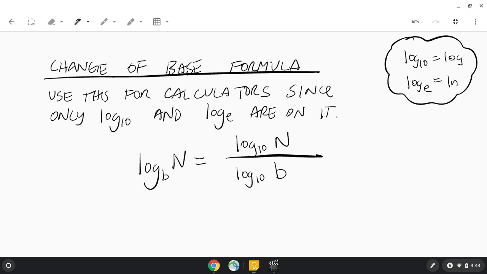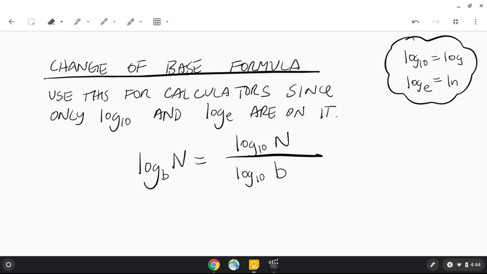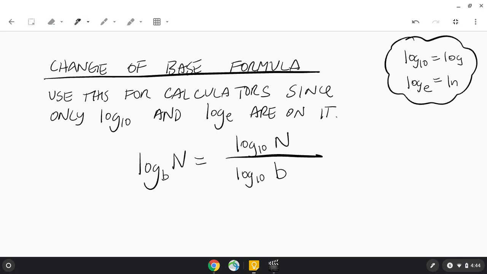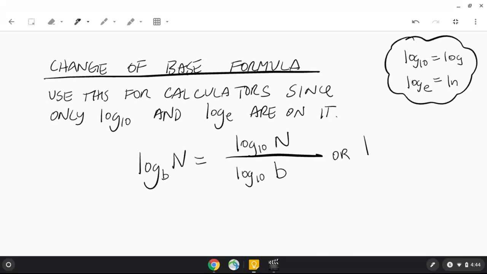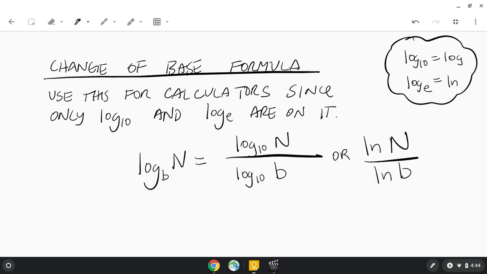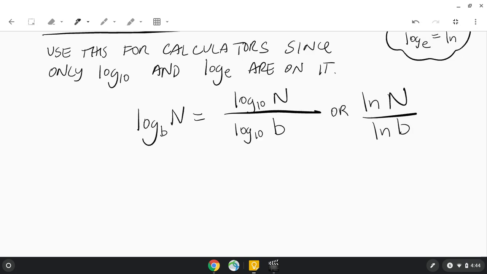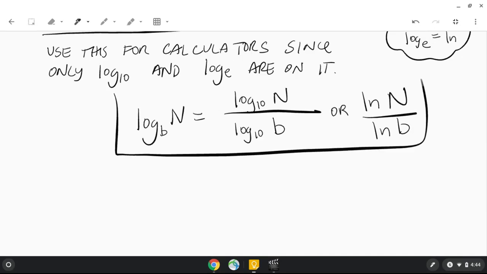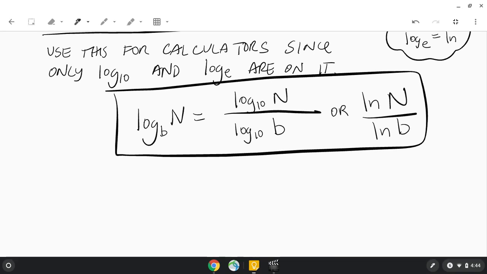Or, here, let me write or instead of equals. Or you could use your LN button and do this, okay? So that's what you would do on your calculator right here, because you only have base 10 and natural log.